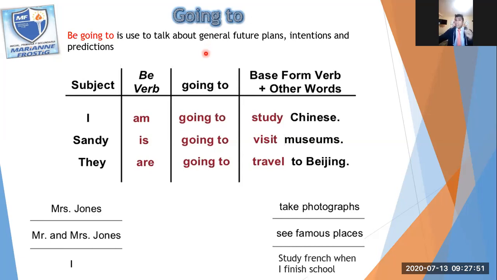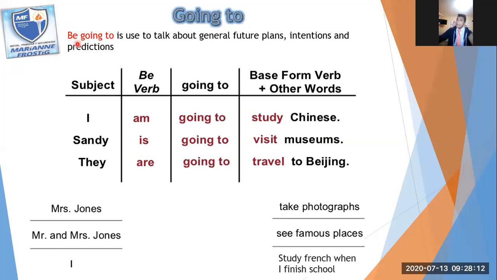Repito. We use be going to talk about plans, intentions, activities in a long future, okay? And be going to, teacher, what is be going to? Be going to means verb to be plus el going to, okay?